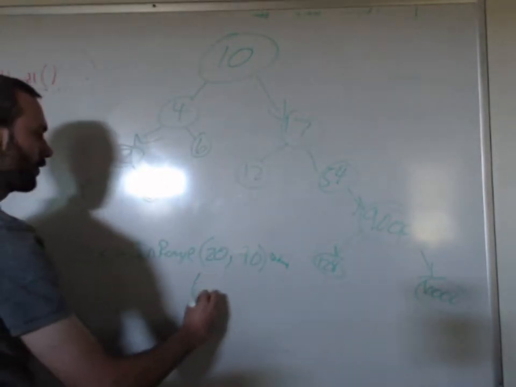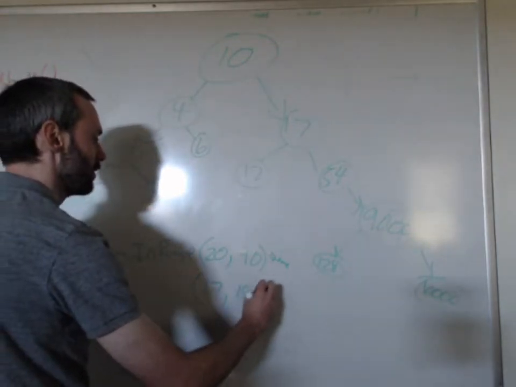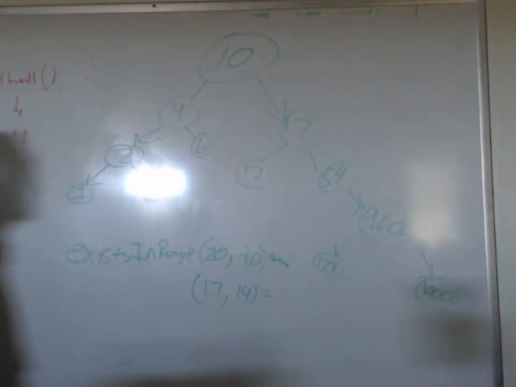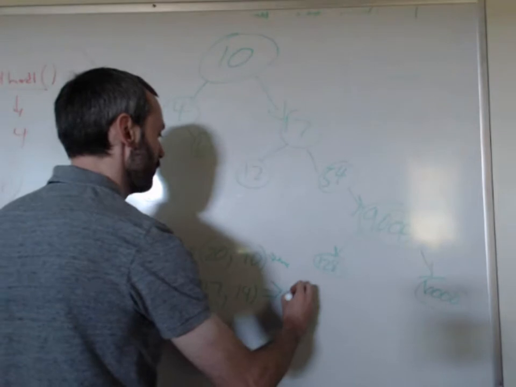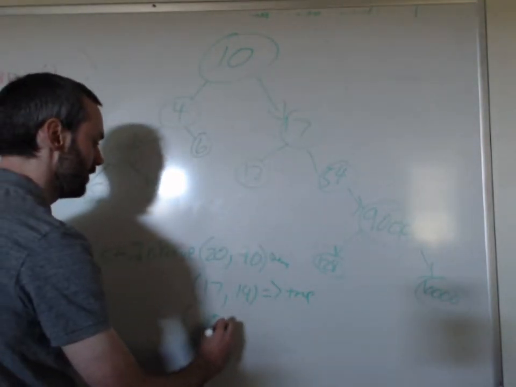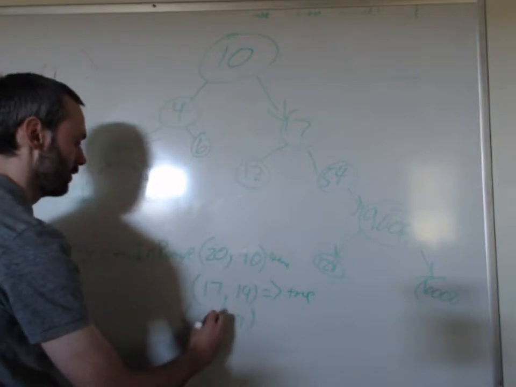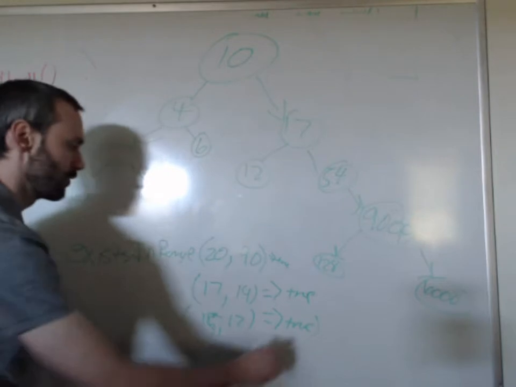Let me go ahead and give you the other corner cases. If I do 17 and 19, it is inclusive, so 17 would be counted, and that would be true. Similarly, if I did 15 and 17, that would also be true.